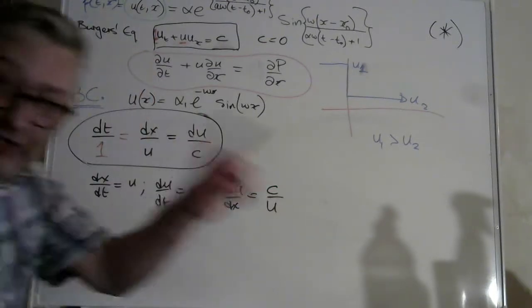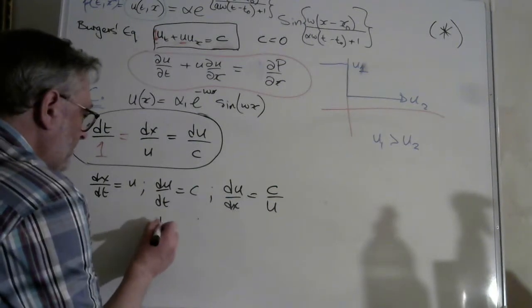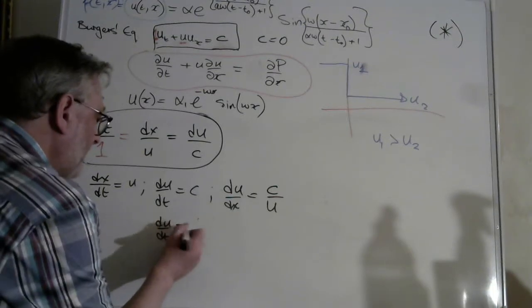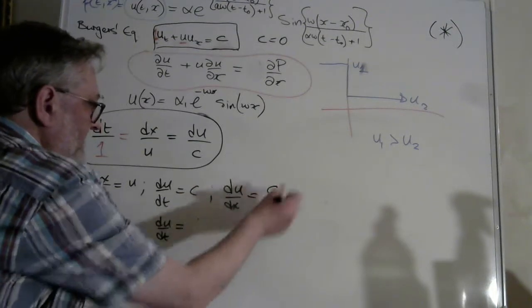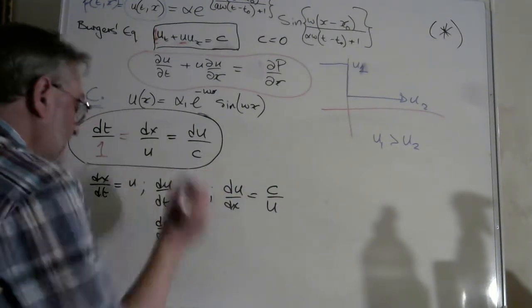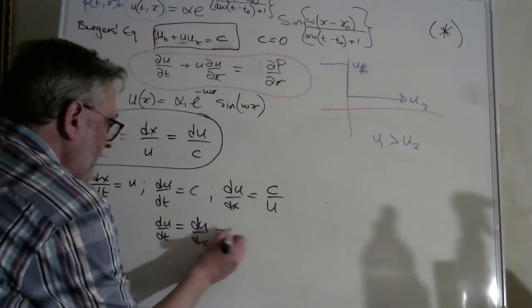Now again, for the shock situation, c is equal to 0, so we've got du by dt, and in this case the du by dt happens to be equal to this because c is equal to 0 there, as well as the fact that it's equal to 0 there. So it's equal to du by dx equal to 0.